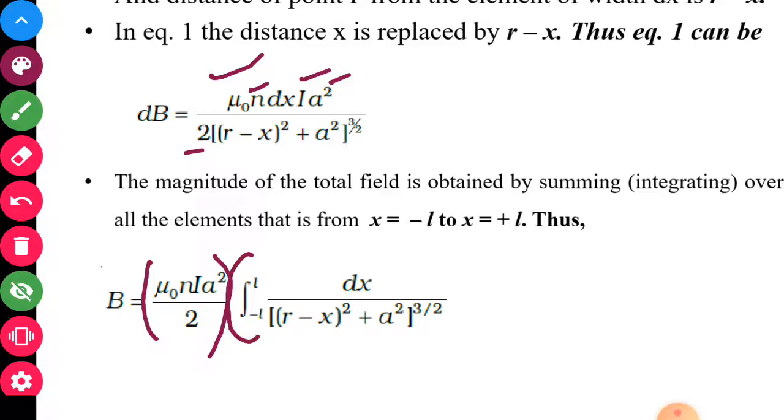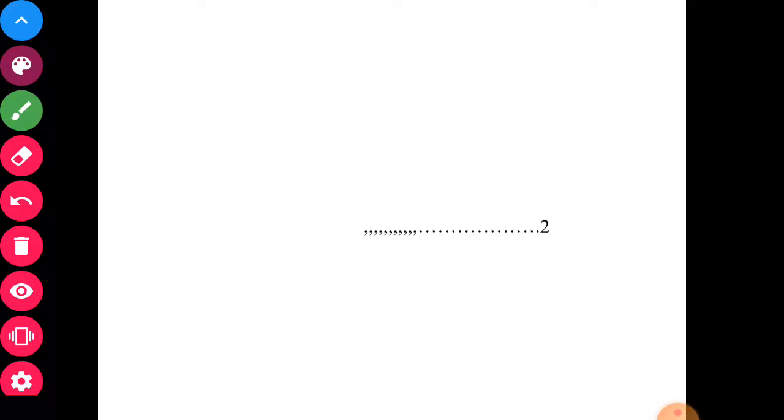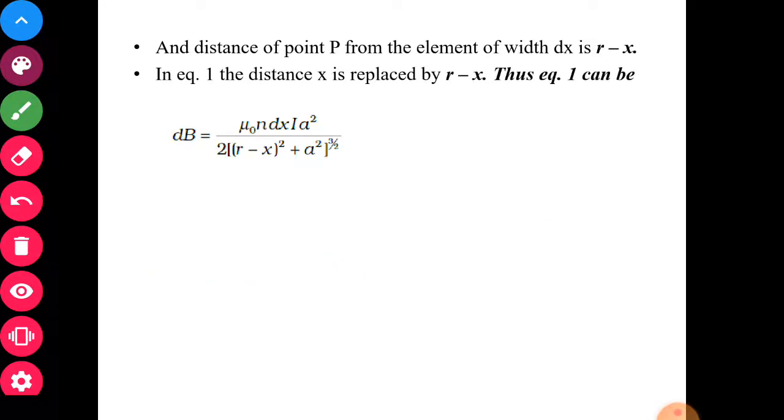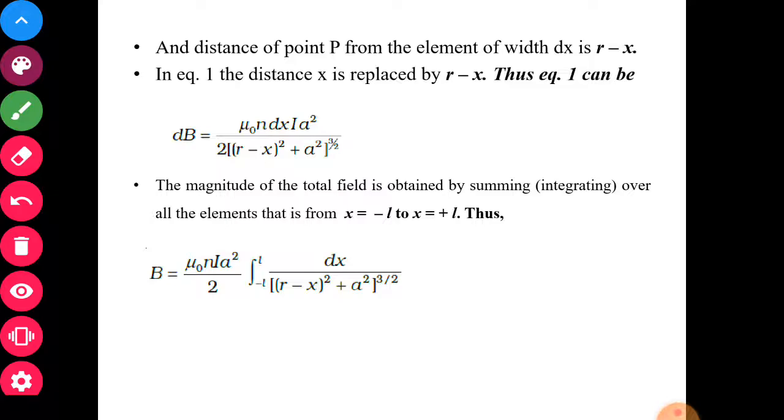Integration is taken from minus L to plus L, and whatever remaining things are there, you keep dx, then this whole term (r minus x) square plus a square raised to 3 by 2. So that is done here. That is our equation number 2. Understood? This is the equation if you take the integration.